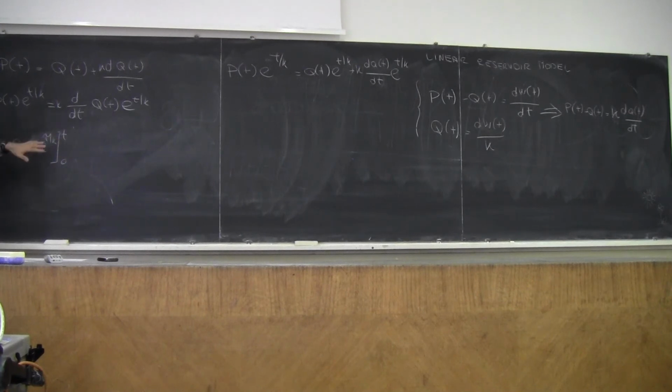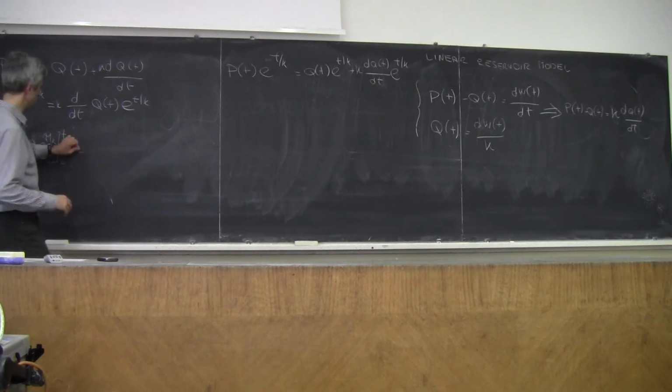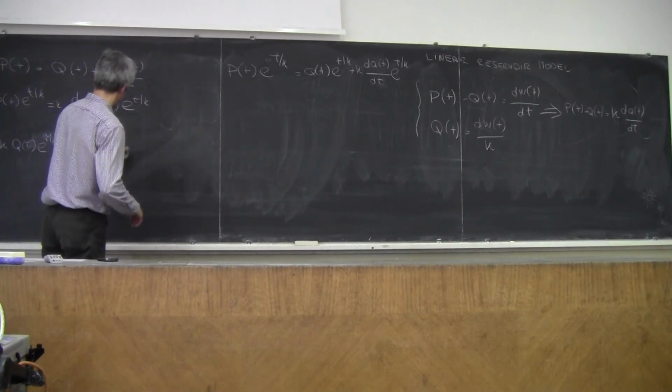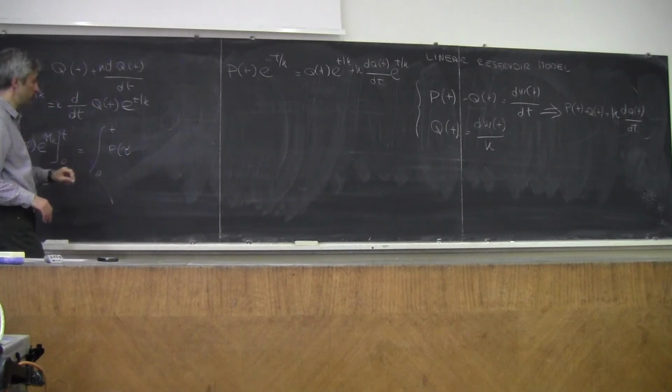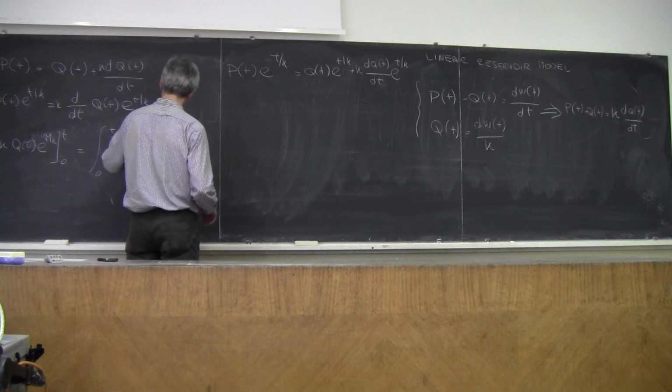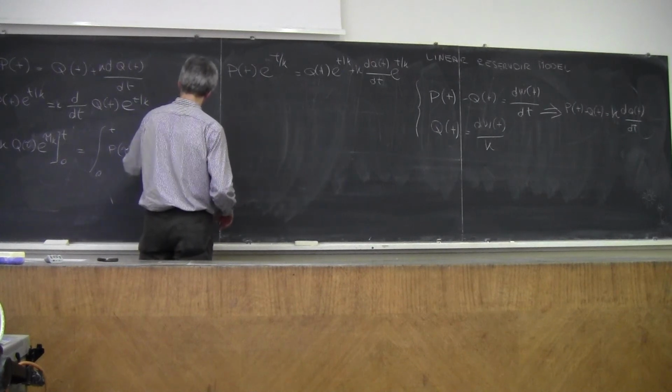And in order to be able to compute the integral for different values of t, I introduced the integral variable tau here. And this is equal to the integral between 0 and t of p_tau, integral variable, e to the power of tau over k d tau.